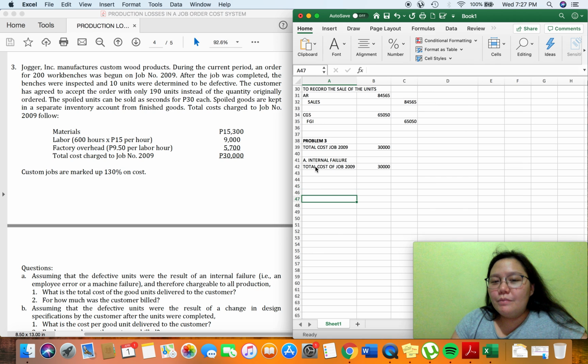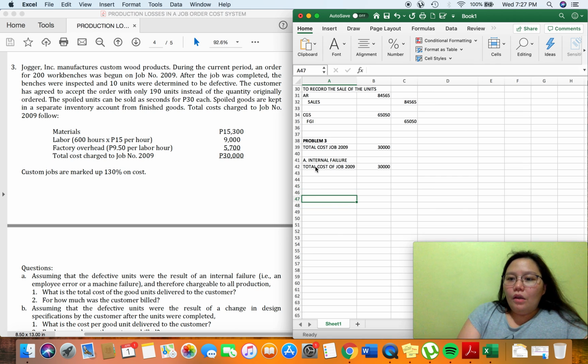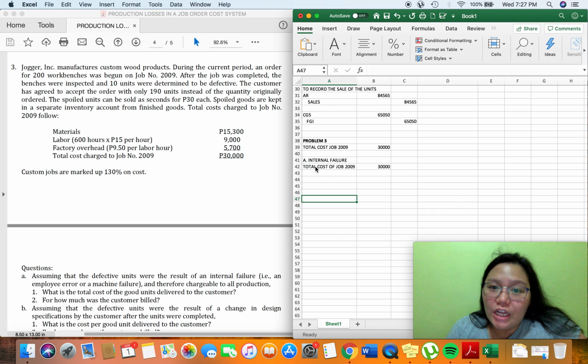So, sige, para mas malinaw, we'll start with the journal entries first. Okay? Sometimes I find it easier to prepare the journal entries na lang and then later on, proceed with the computation based on the journal entries. Okay? So, the first thing we're going to do whenever you have spoiled units, diba, is to remove the cost, set up a separate inventory account for the spoiled goods inventory. Nakahiwalay siya, no?